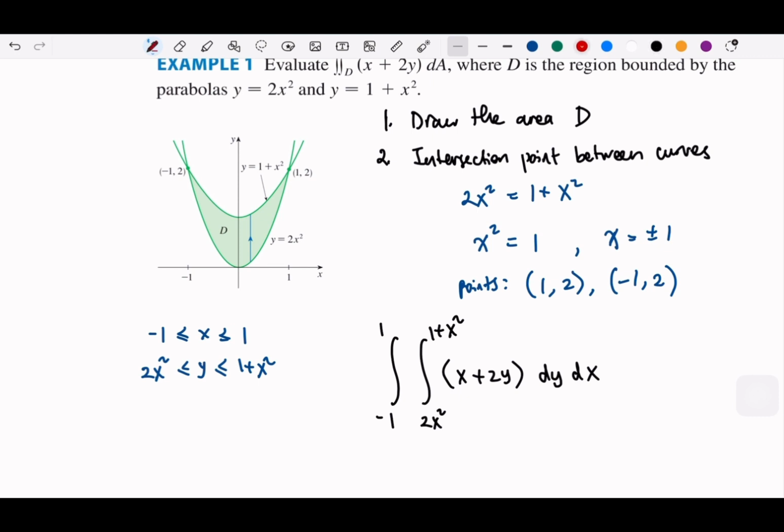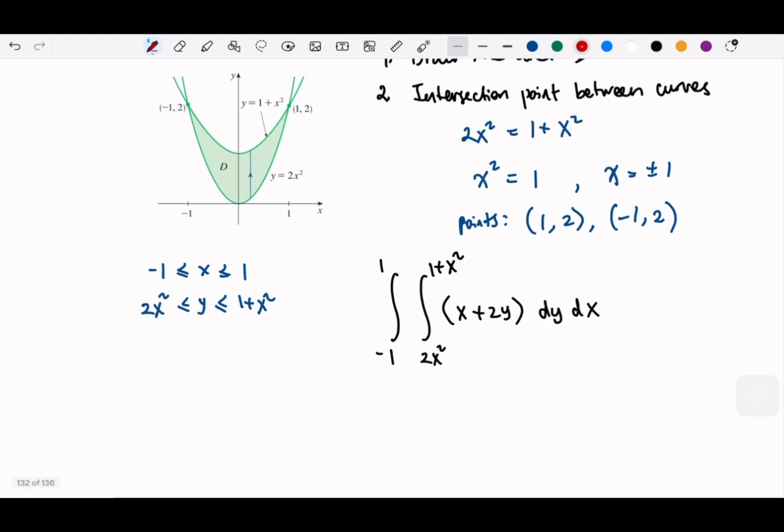I hope the integration parts should not be difficult. We integrate with respect to y. We have x, so we have xy. And then we have 2y, and we multiply by half, right? And then we have y squared.